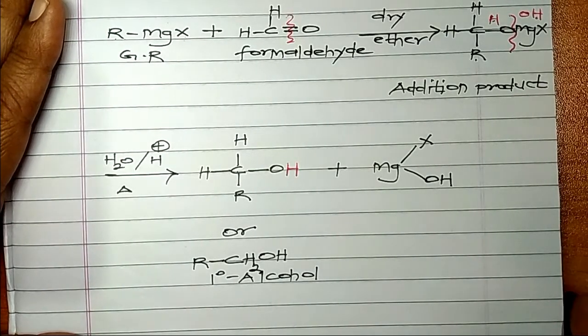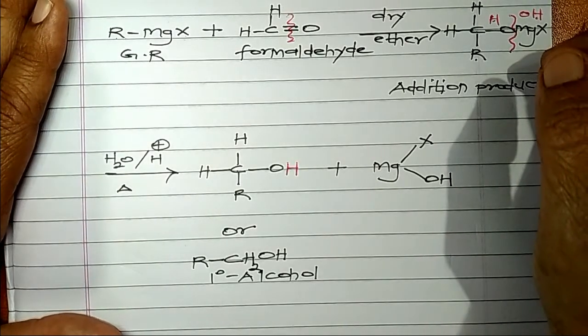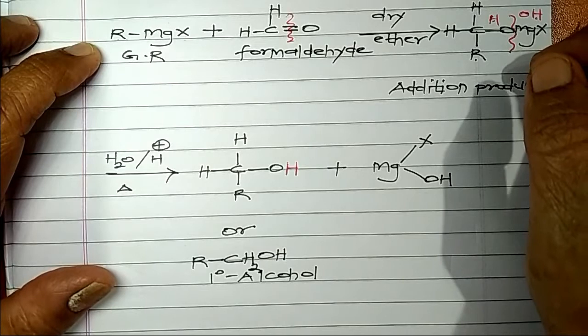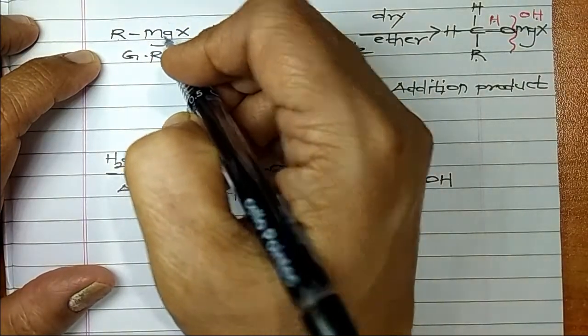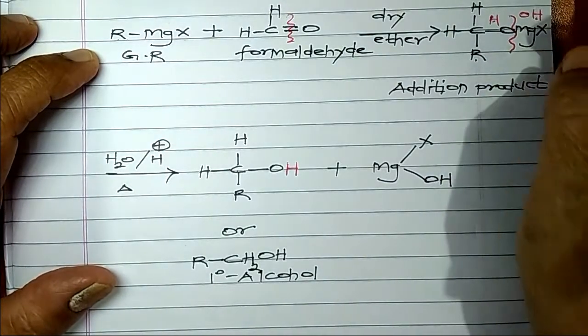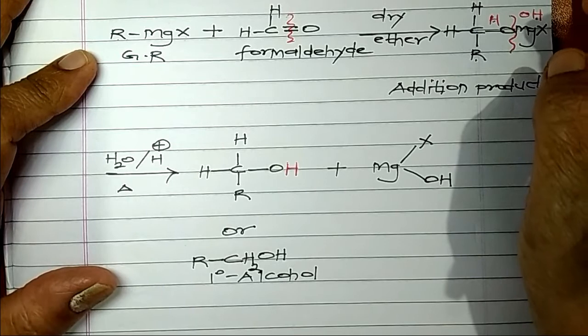Now what you studied is a basic general reaction. You can play with these values of R. You can keep on changing the values of X and prepare different varieties of primary alcohol starting with a Grignard reagent.